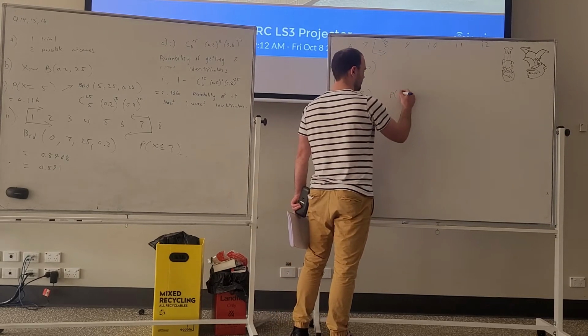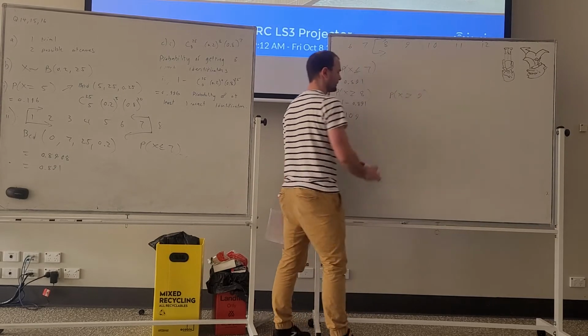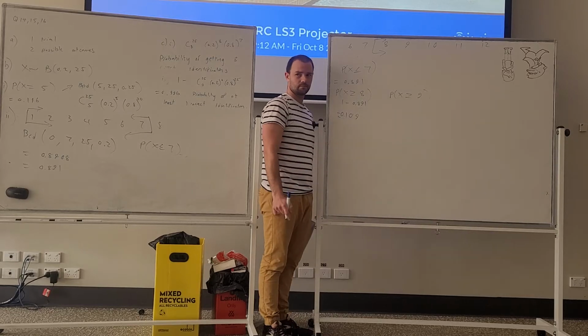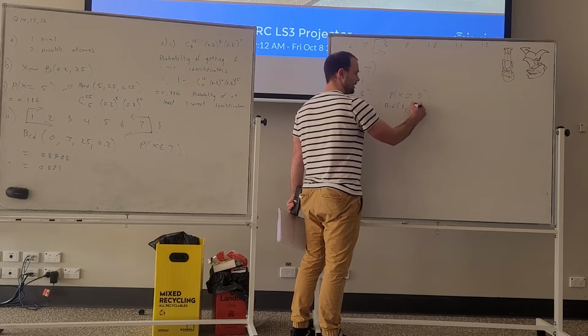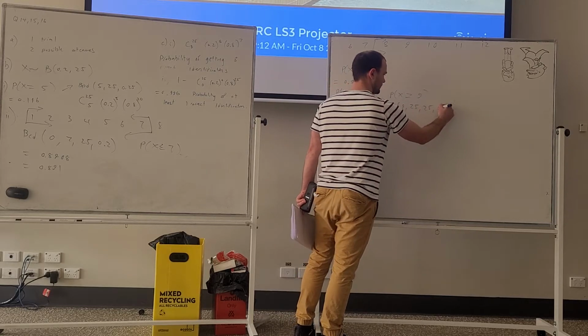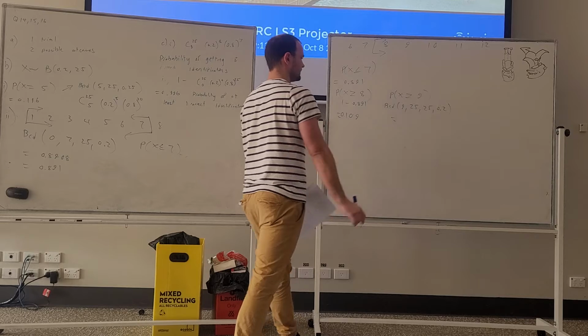What about the probability of getting 9 or more correct? We're going to have to do this calculation. That's going to be BCD, our lower boundary is 9, upper boundary 25, 25 trials, and the probability of success is 0.2.